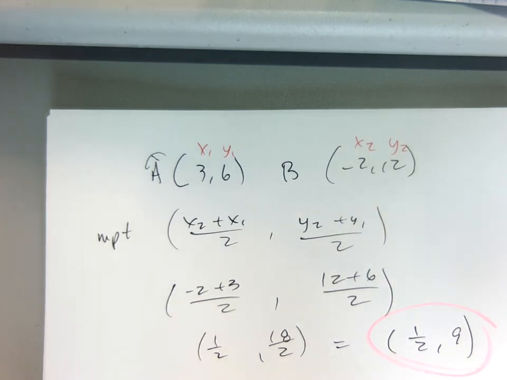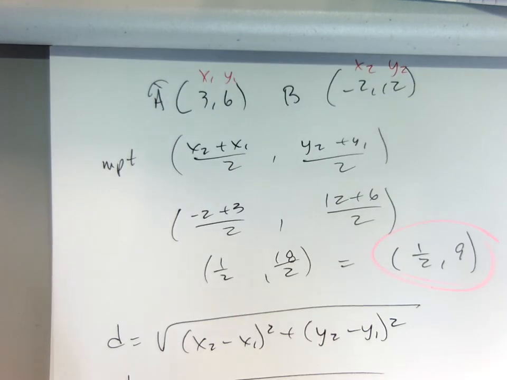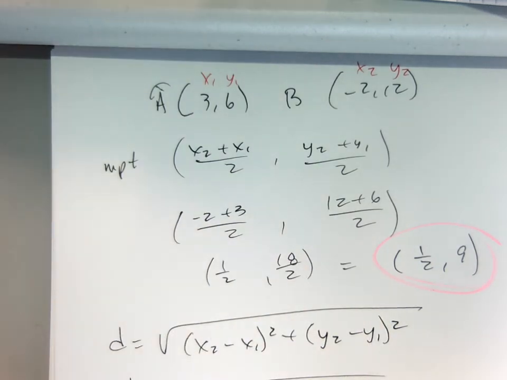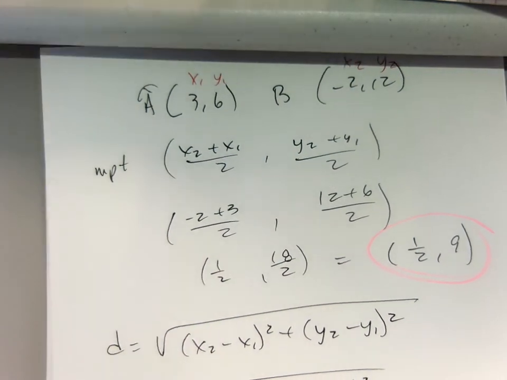Negative 5 squared plus 6 squared, so I get the distance: square root of 25 plus 36, that's the square root of 61, which is a fine answer, or you can get a decimal equivalent of that if you need to, okay?